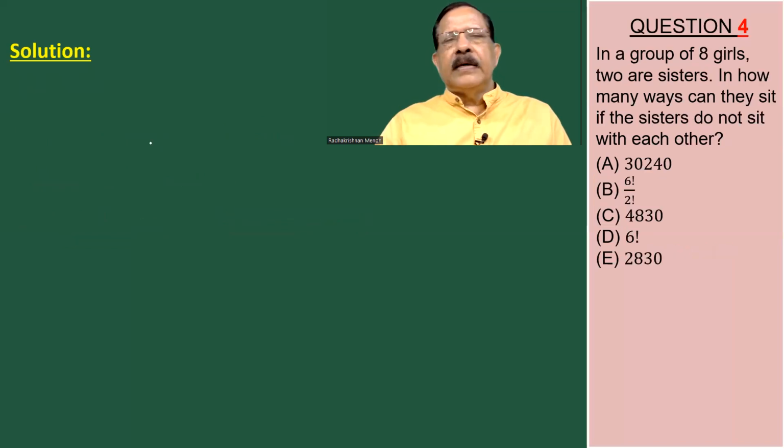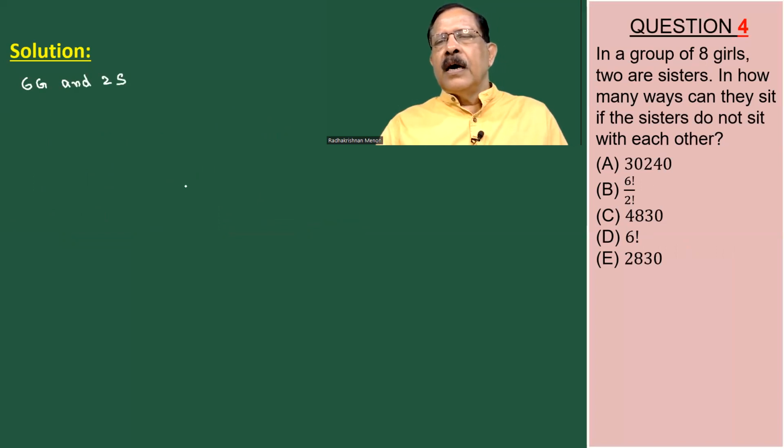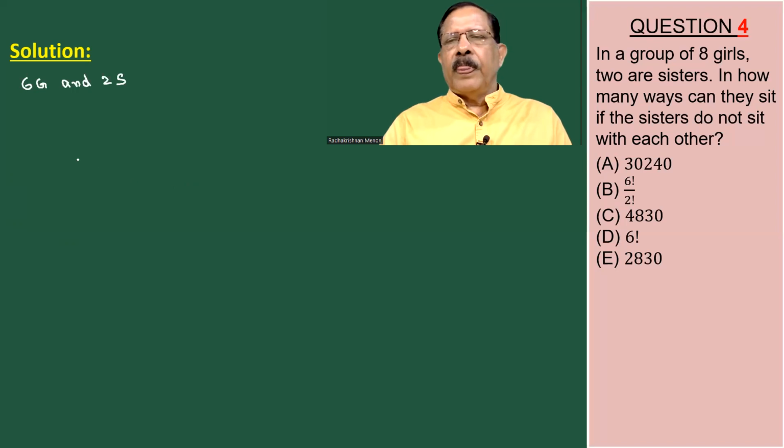In a group of 8 girls, 2 are sisters. So we can consider 6 girls and 2 sisters. How many ways can they sit in a row if the sisters do not sit together? Okay, now we can solve this particular problem in another way.